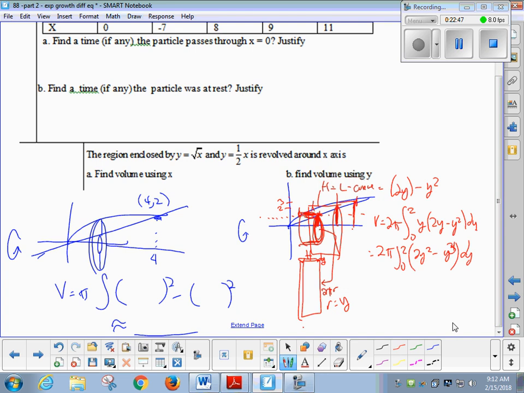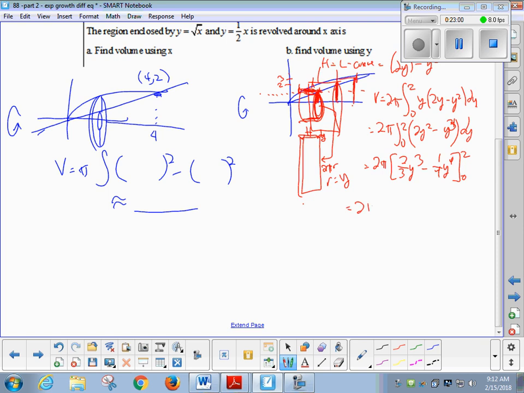So here we go, 2 pi times (2/3 y cubed minus 1/4 y to the 4th) from 0 to 2. 2 pi times (16/3 minus 16/4). Let's go 16/3 minus 4, the common denominator would be 12. So I'm feeling 8 pi over 3.